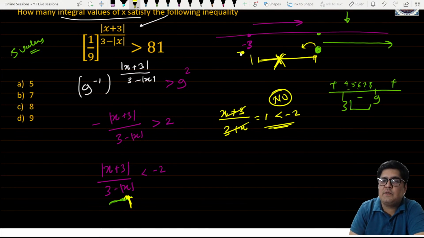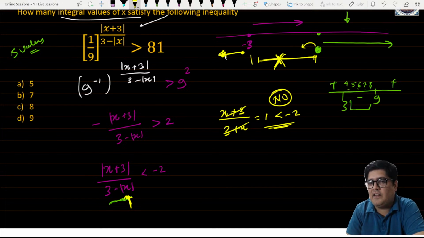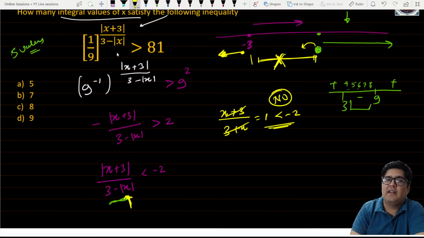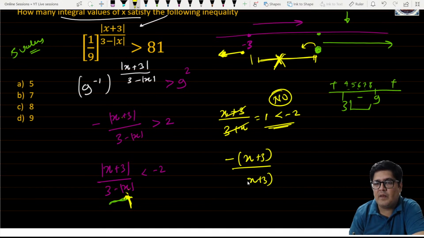What if x is below minus 3? What if x is lower than minus 3? X is even below minus 3. That means the numerator becomes negative. That means the denominator here becomes negative. So what I have is minus 1.